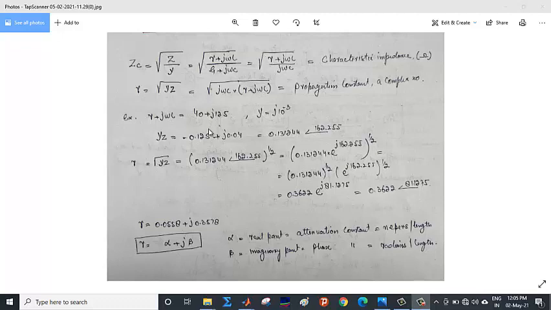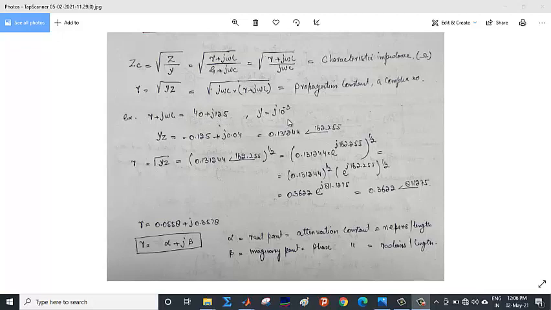So let us take an example and have an insight into how their values look. Let us say this is R plus j omega L. In the previous class, in one question, we saw that R was equal to 40 and j omega L was equal to 125 for the whole length of the line.